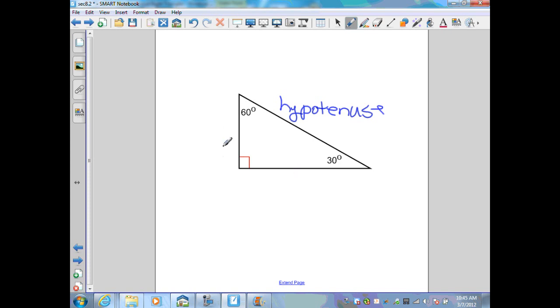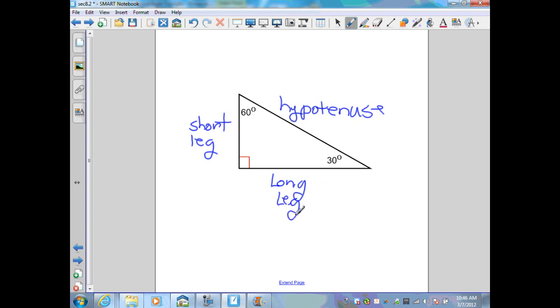We have to identify specifically which is the short leg and which is the long leg. Recall in a previous chapter we know that the shortest segment would have to be opposite the smallest angle. And here, since 30 degrees is my smallest angle, this must be my short leg. So the segment opposite my smallest angle is my shortest leg. And opposite my 60-degree angle would be my long leg.